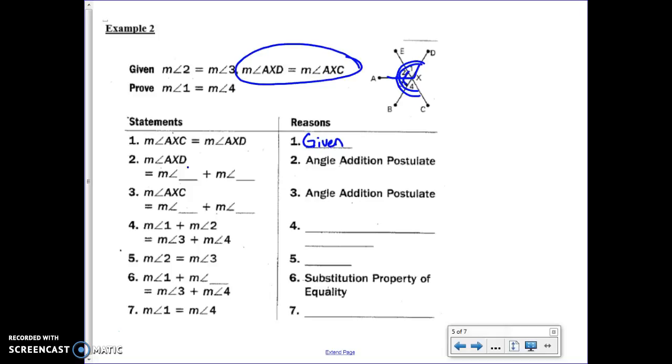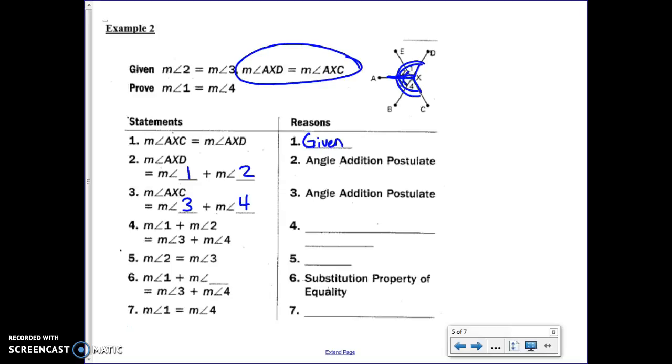So the measure of angle 1 plus the measure of angle 2. And again, we have the angle addition postulate as our reason for statement 3. So the measure of angle AXC, that's this bottom angle here, and it looks like it's made up of angle 3 and angle 4. So the measure of angle 3 plus the measure of angle 4 equals the measure of angle AXC.